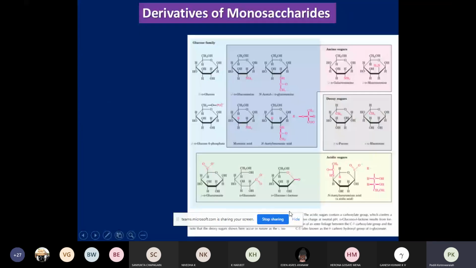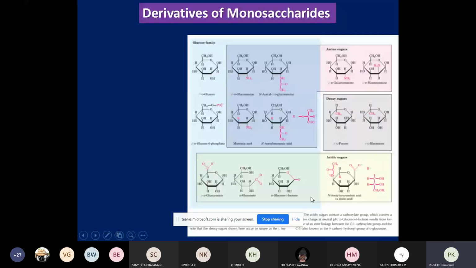And coming to the sugar derivatives. In living organisms, or in the cell, in addition to the monosaccharides, many sugar derivatives are also present.